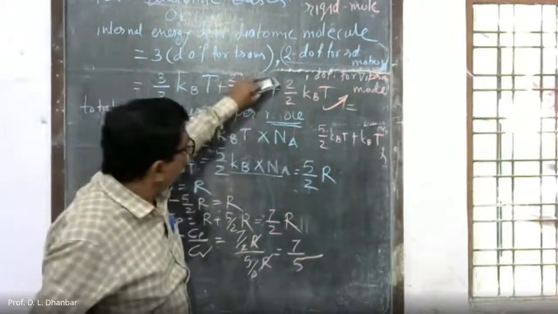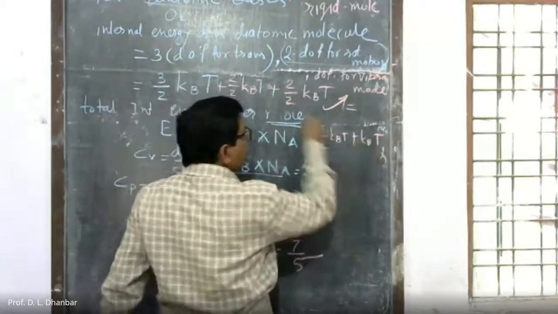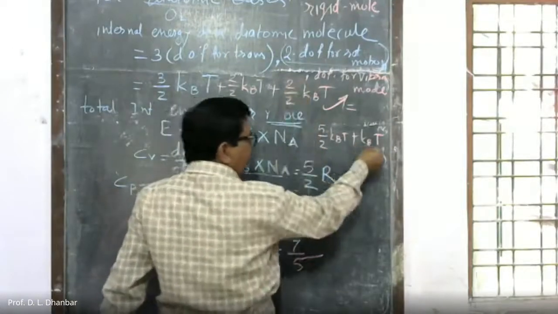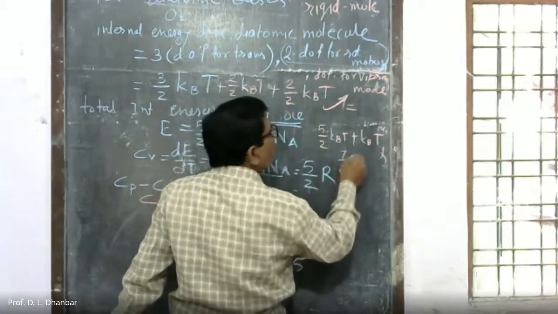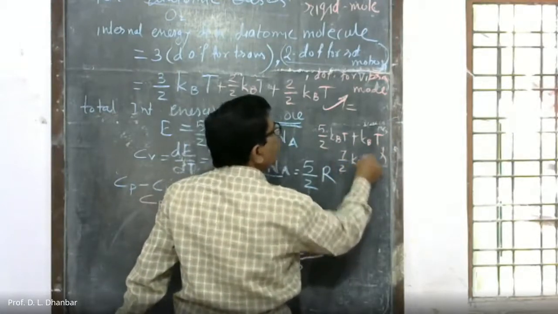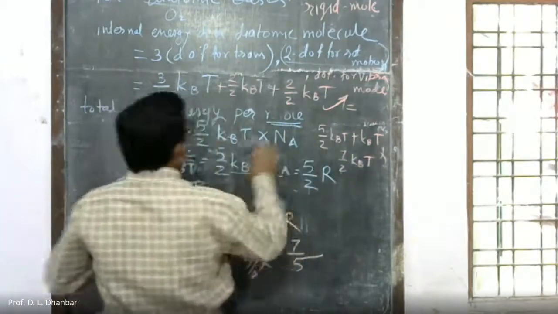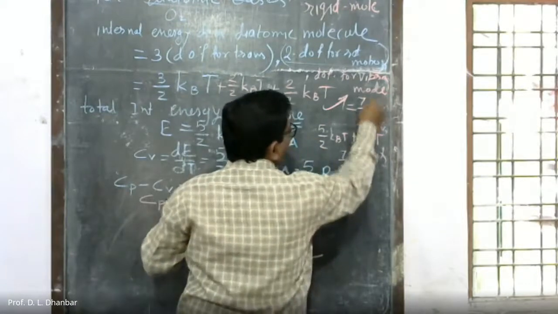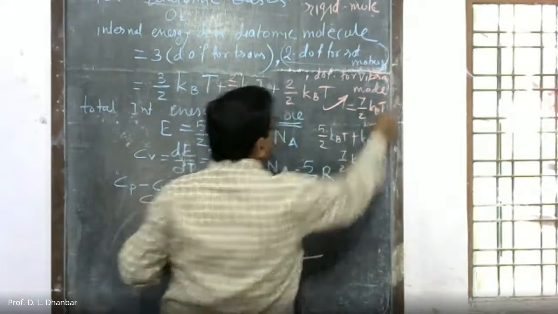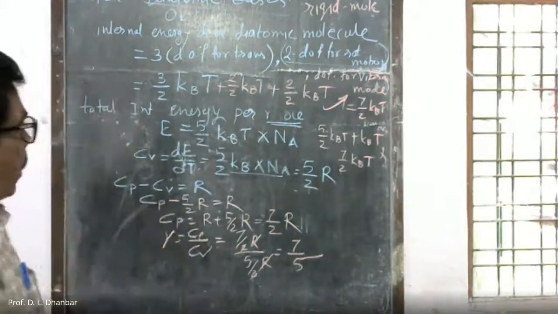That's why I have put 2. So 5 by 2 kB T plus kB T, the 2 will get cancelled, and if you add this, you will get 7 by 2 kB T. This is the internal energy of a diatomic molecule.